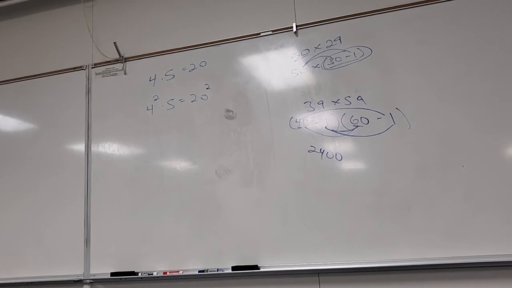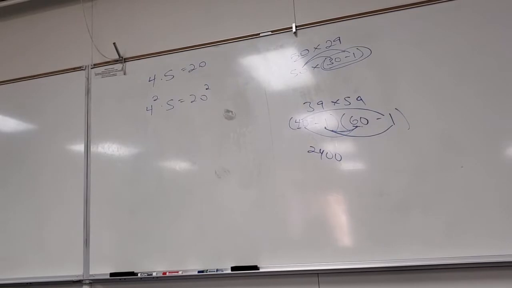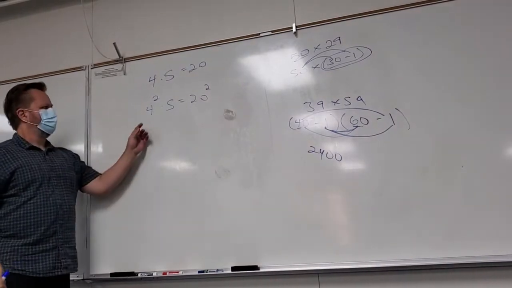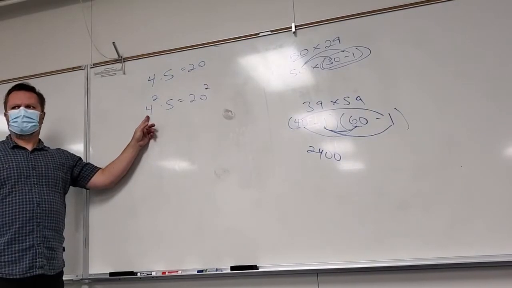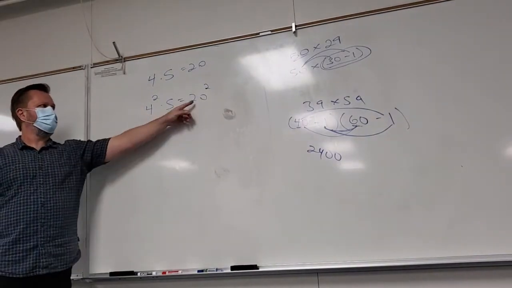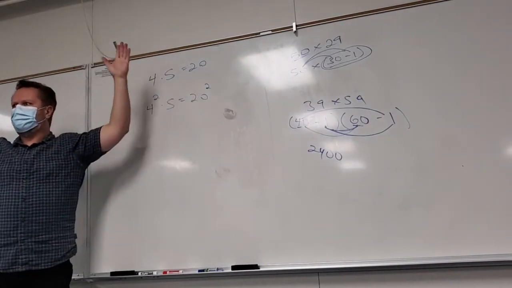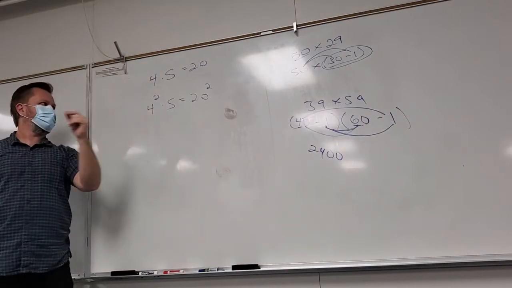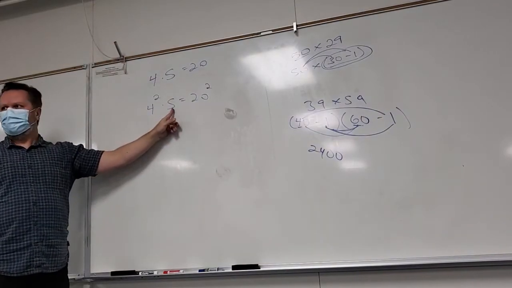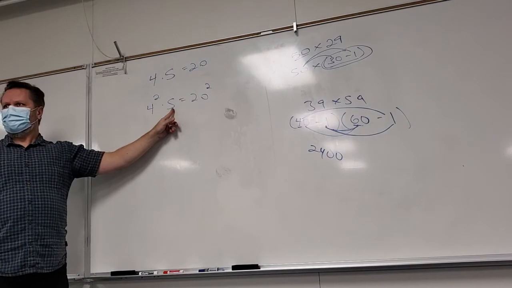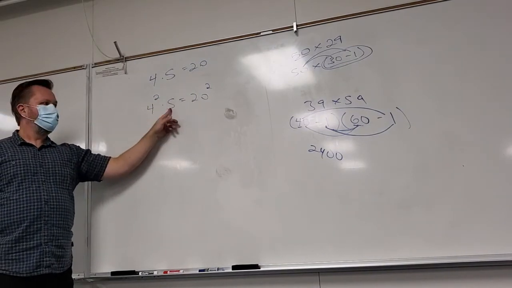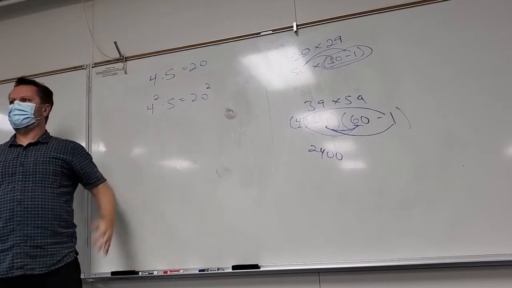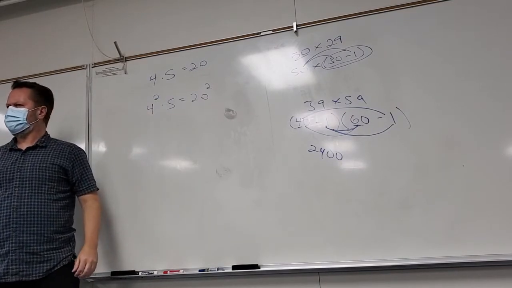Because 4 squared is 16, so it's 16 times 5, and it won't equal 20 squared because 20 squared is way too big. But more in your face, there's only one 5. So how can I make two 20s out of one 5 and two 4s? I can't do that. Does that make sense?